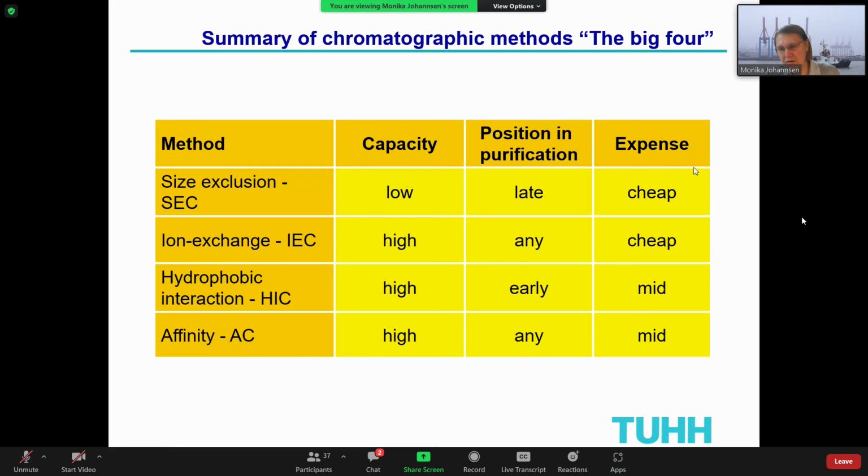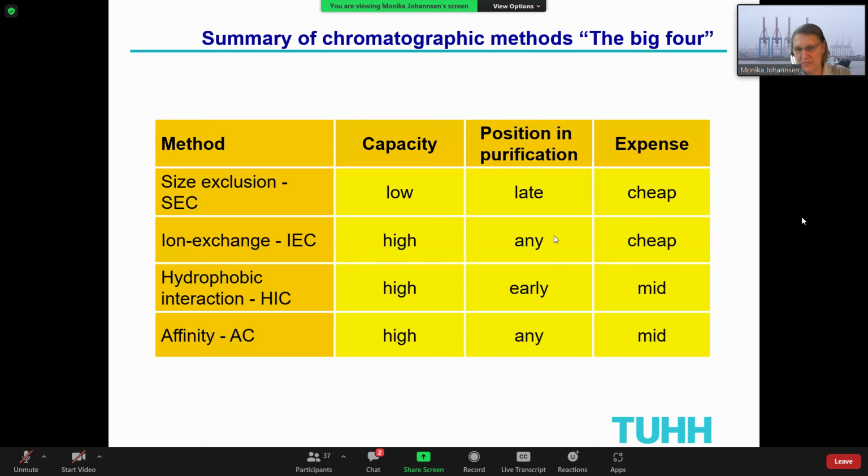If we look at the cost, then the size exclusion and the ion exchange are relatively cheap methods. The hydrophobic interaction and the affinity are a bit more expensive. And if we look at their recommended position in the purification scheme, then it's good to start with the hydrophobic interaction chromatography right after the precipitation step.